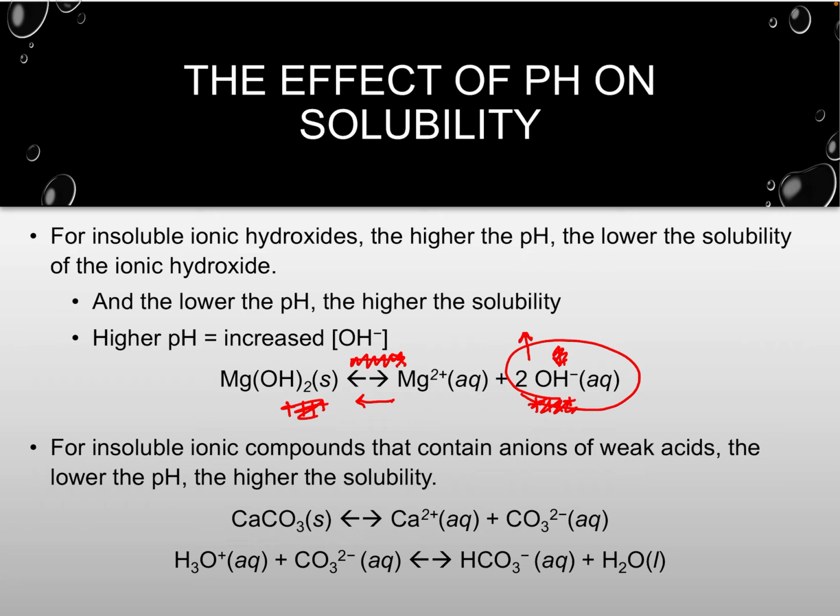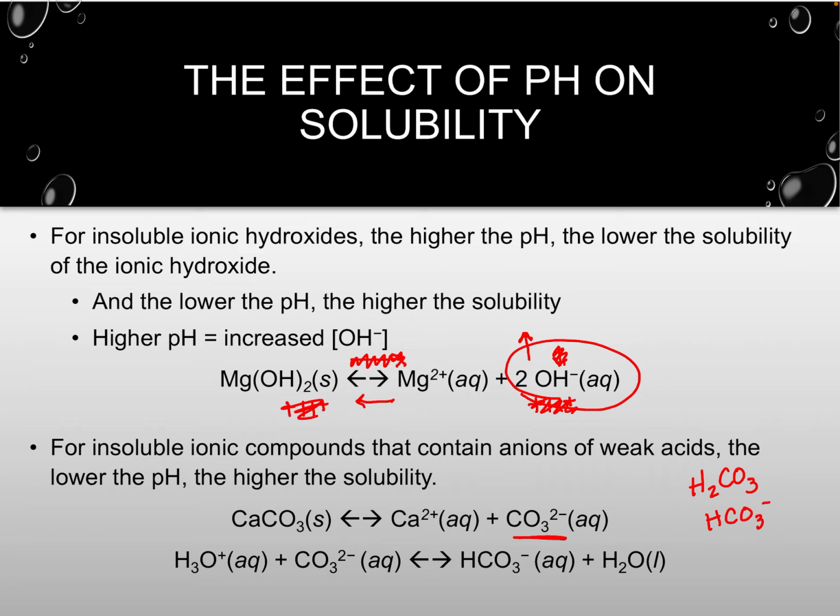So if we have something like calcium carbonate, carbonate is going to be the conjugate base of a weak acid, right? If we think about carbonic acid or bicarbonate, bicarbonate is actually amphoteric. It can act as both an acid and a base. But either way, this carbonate ion can add a hydrogen onto it and form a weak acid.